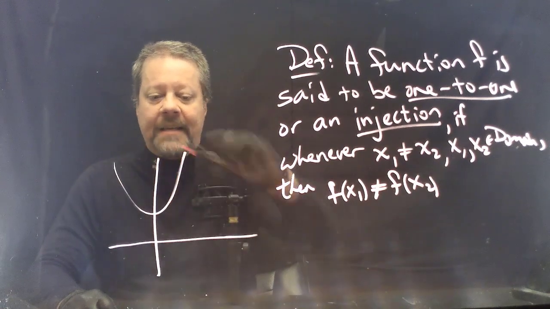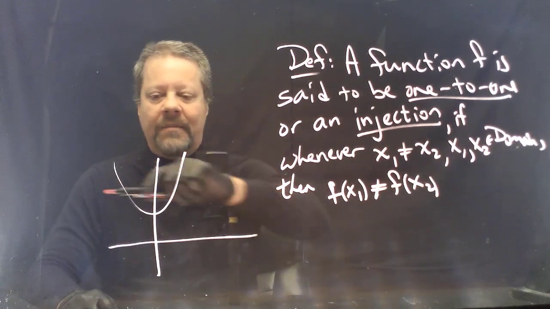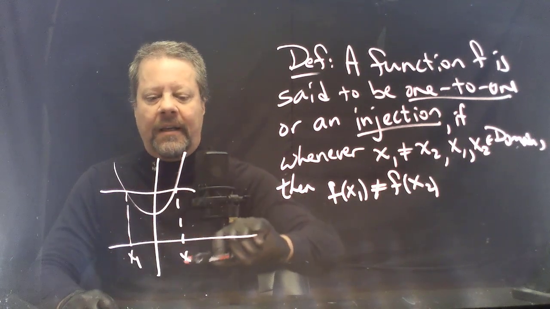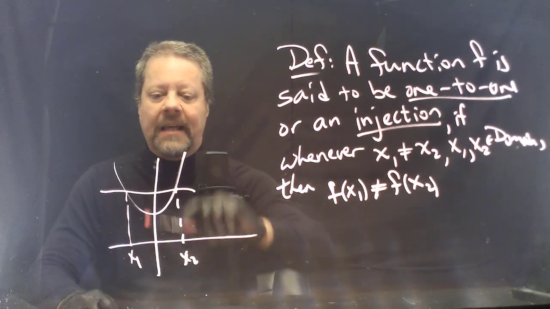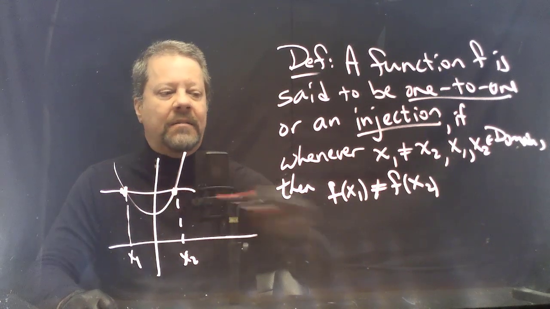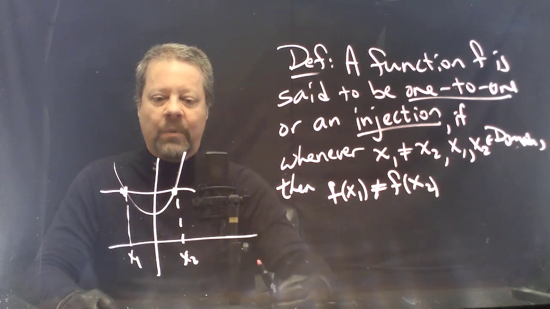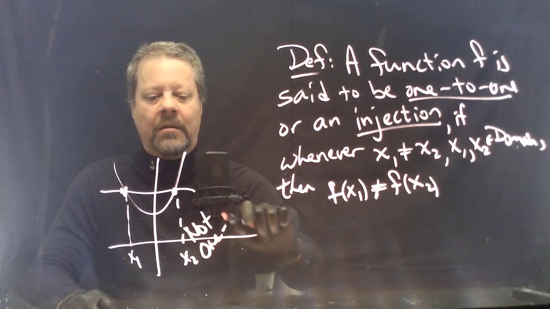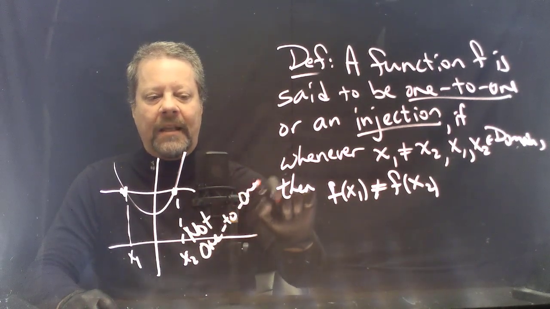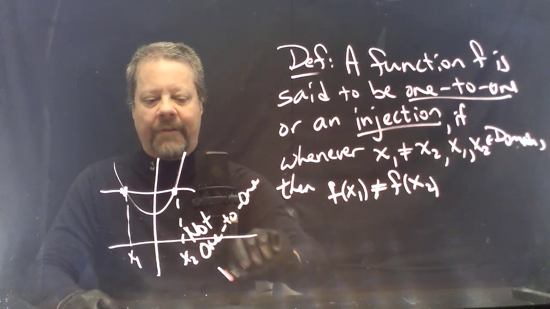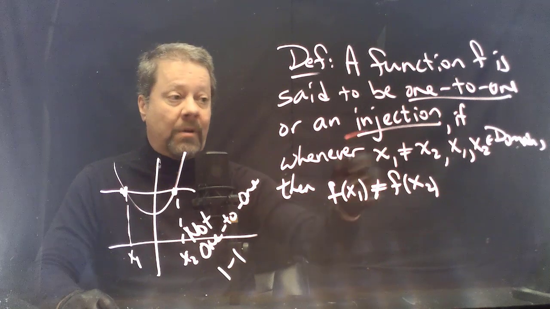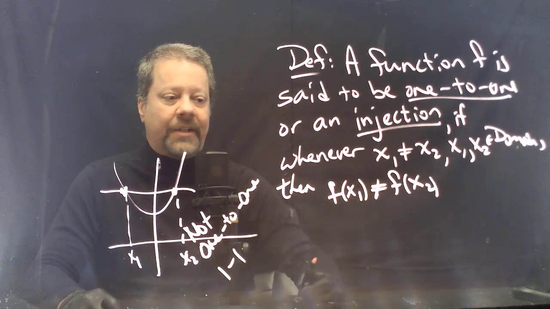So here's an example of a function that is not one-to-one. There's an x1 over here and an x2 over here. They're distinct, and yet they have the same y value. The y values are equal. So this is not one-to-one, and it gets tedious writing out one-to-one, so we often write 1-1 when we're saying it's one-to-one, or when we're implying that it is an injection.